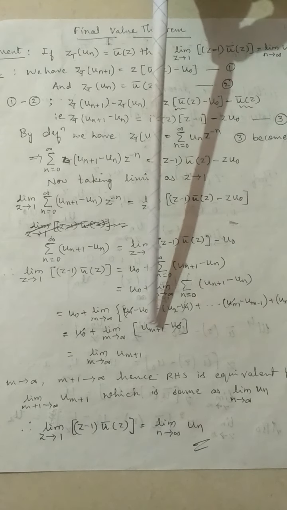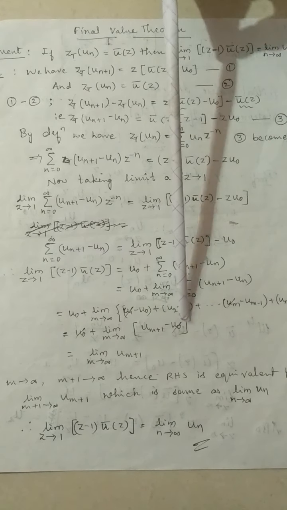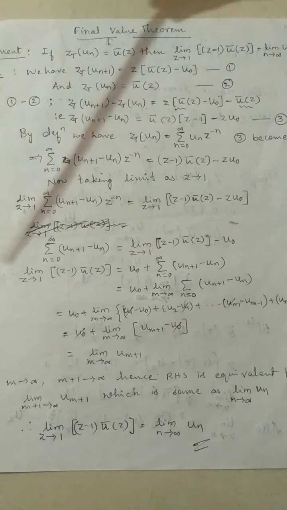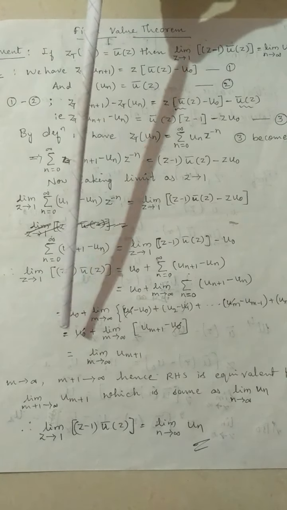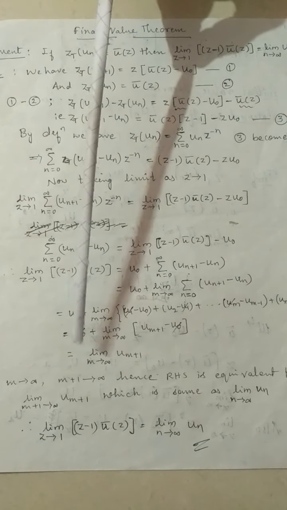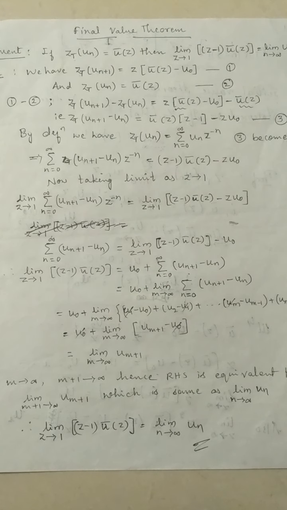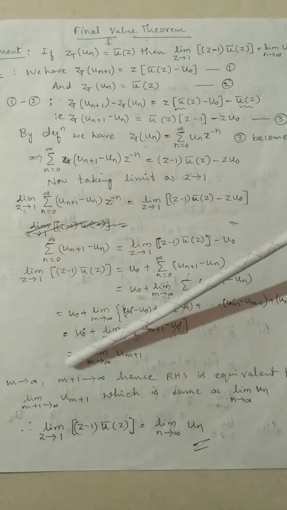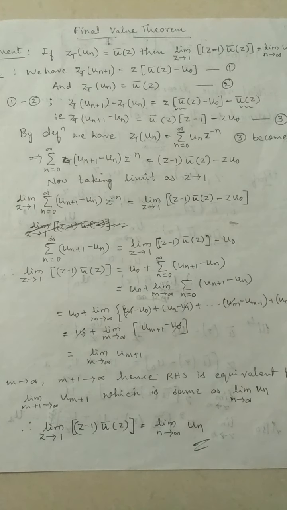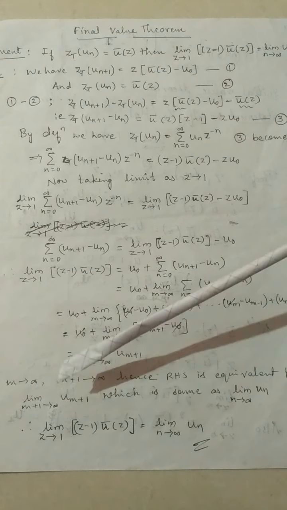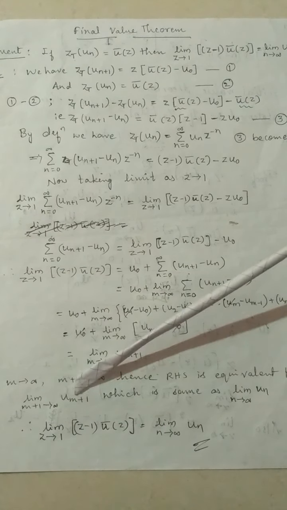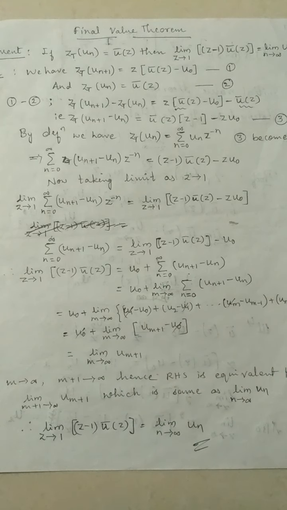Finally, we are left with the terms u_(m+1) minus u naught. And u naught also cancels here. So we are left with limit as m tending to infinity u_(m+1). As m tends to infinity, m plus 1 also tends to infinity. Hence, RHS is equivalent to limit m plus 1 tending to infinity u_(m+1), one and the same it is.